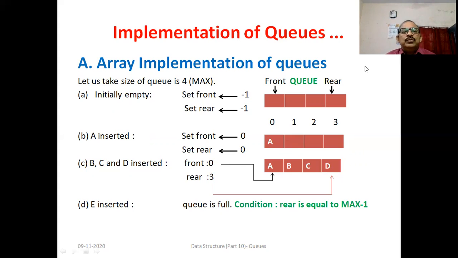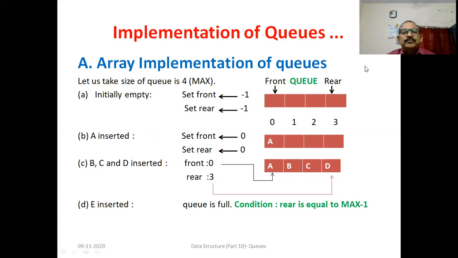Now, we are going to insert A. Before inserting A into the queue, we set front equal to 0 and rear equal to 0, and now put the value of A at the location pointed to by the rear pointer. In the picture you can see A is placed at location 0.